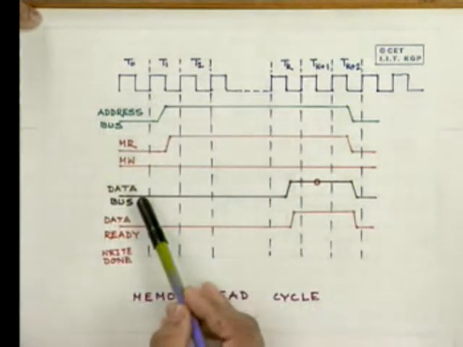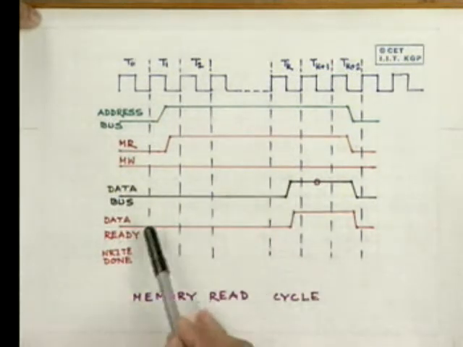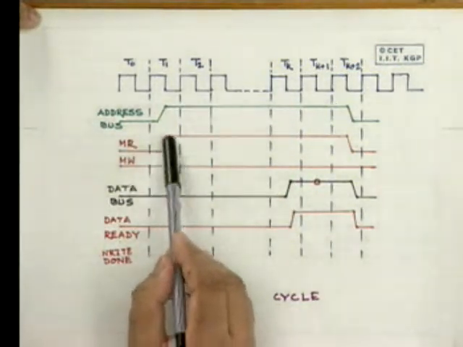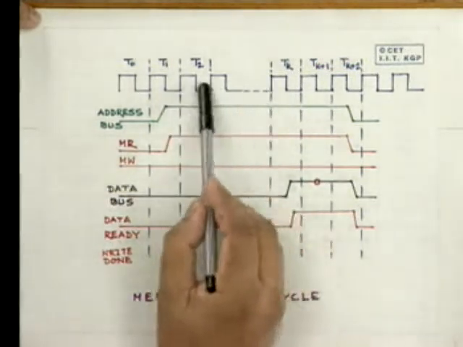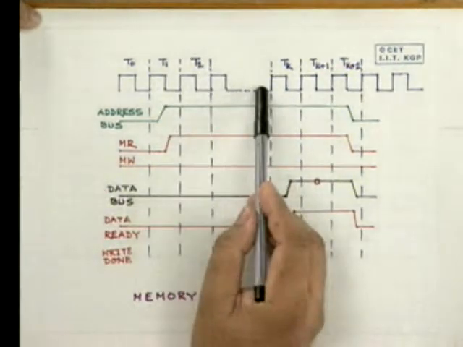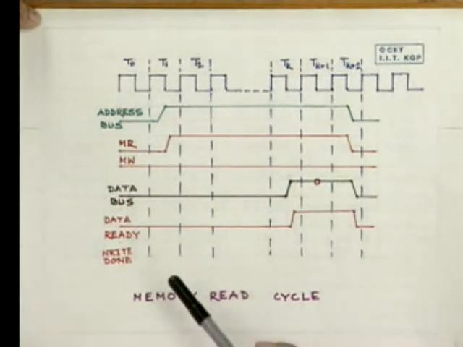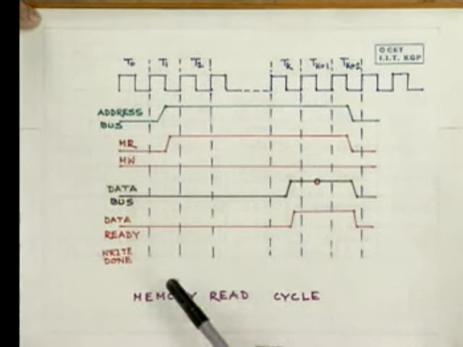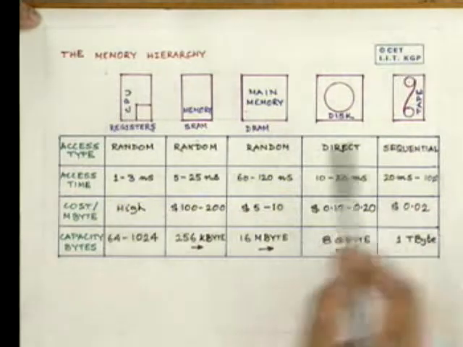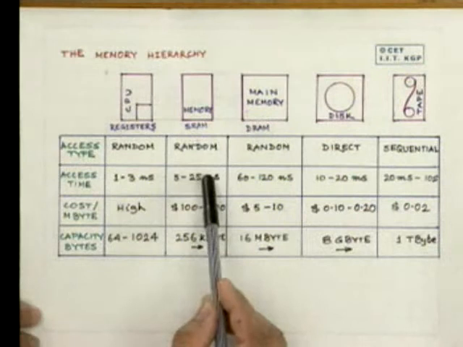But because the memory is pretty slow, the data read comes after several cycles after the memory read request has been put high, and this number of cycles depends upon how fast the memory is. The slower the memory, the number of timing states will increase, and therefore the execution time of the program will automatically increase.